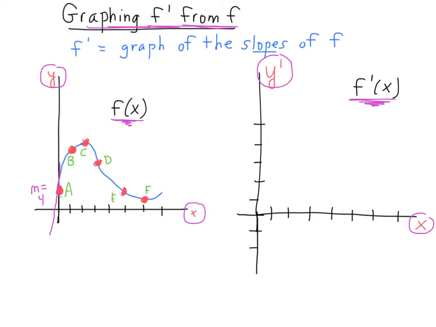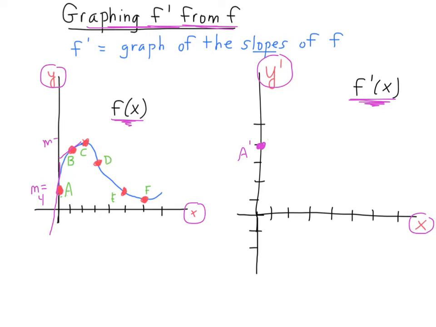Now A is right on the y-axis where x is 0. So I'm going to go over here to my derivative graph, and when x is 0, we know the slope is 4. So I'm going to plot a point right here at 4. This really is my point A, and I'm going to call this A prime. Okay, so it's the new point on the derivative. Take a look at point B. This slope is not as severe.